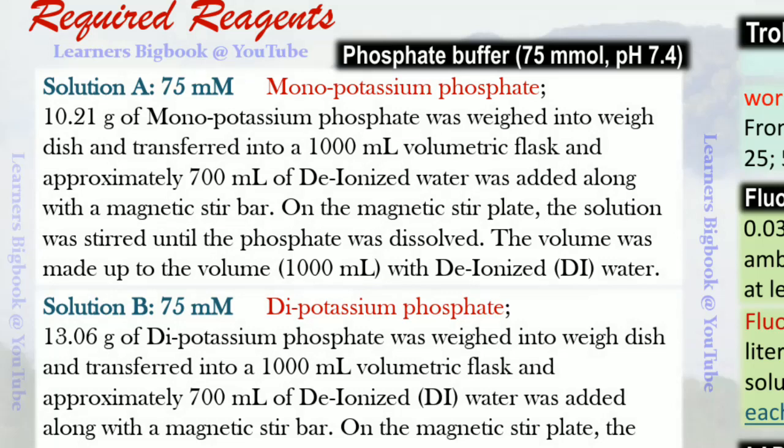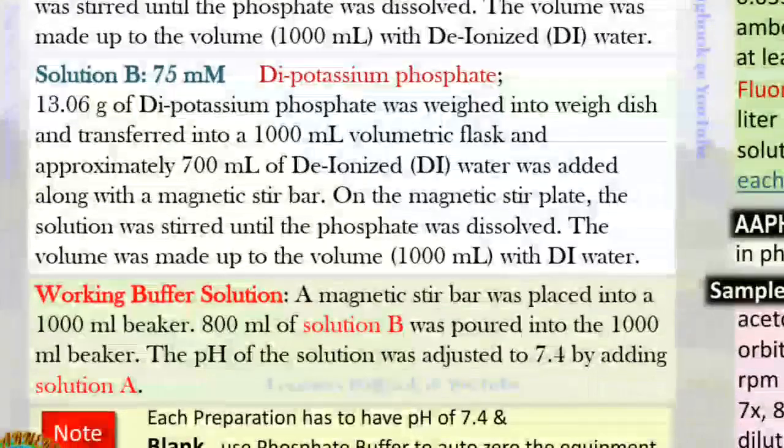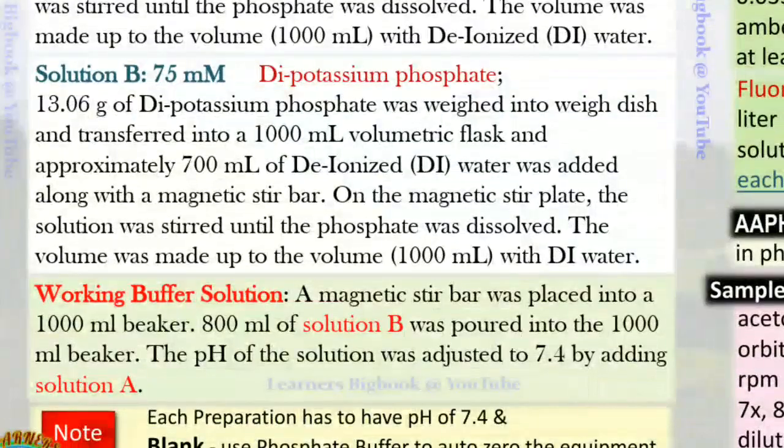Further we are going to prepare the dipotassium phosphate. Here 13.06 grams of dipotassium phosphate will be taken into 700 ml of deionized water, dissolved very clearly, and we are going to make up the volume to 1000 ml.